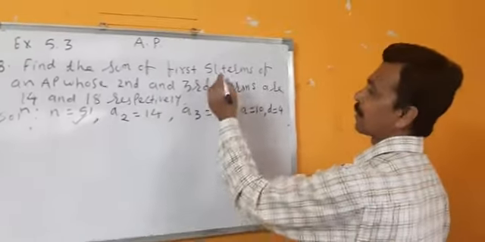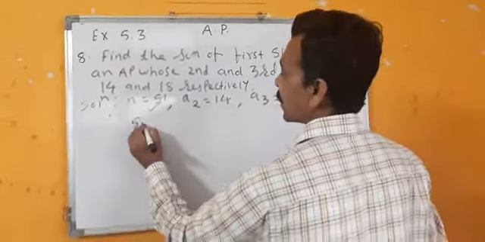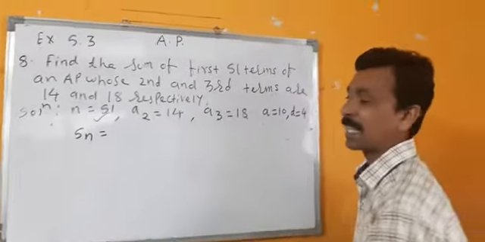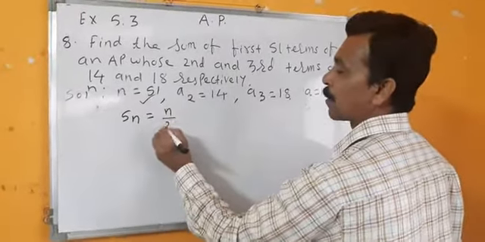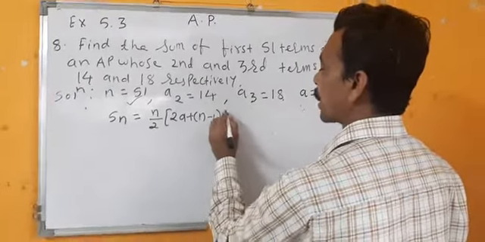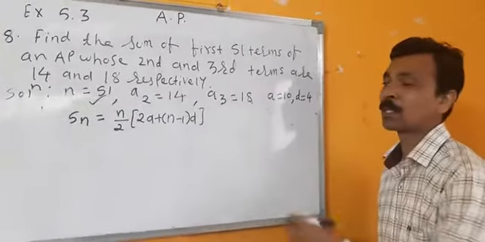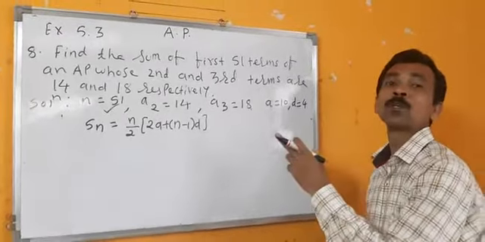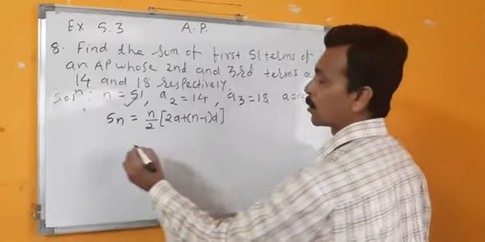Sum of 51 terms means you have to find S51. Sn is equal to n by 2 into 2a plus n minus 1 into d.